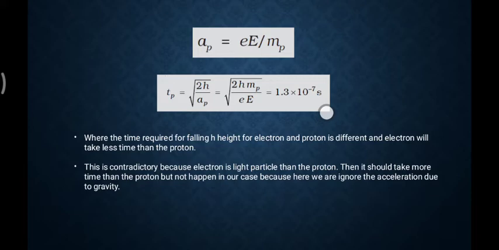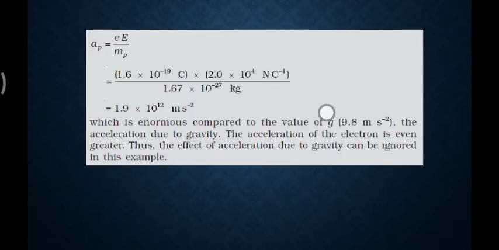The time required to fall through height h is different for electron and proton, and the electron is taking less time than the proton. In the end you have to make a judgment. It seems contradictory, because the electron is a lighter particle than the proton, so one might expect it to take more time, but that does not happen in our case because we are ignoring the acceleration due to gravity.